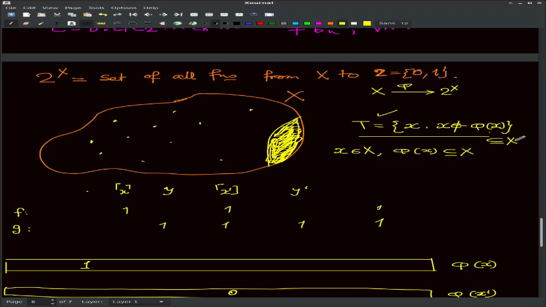So now the next question, the real problem starts in the next place. You have told me that this is a surjection. So this t is actually equal to some phi t.